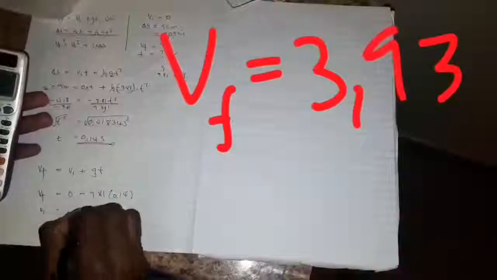We know our final velocity now is equal to minus 1.329 meters per second. It is negative because it's going down. Then we found our final velocity by proving.